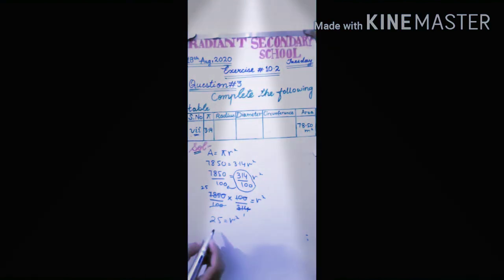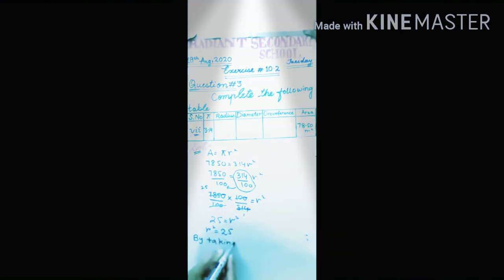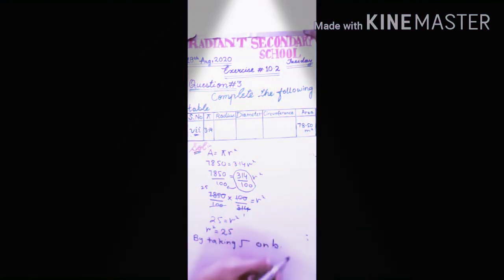So you can write r square equals 25, taking under root on both sides, because the under root can cut this power 2. Okay, so you have to write: by taking under root on both sides.